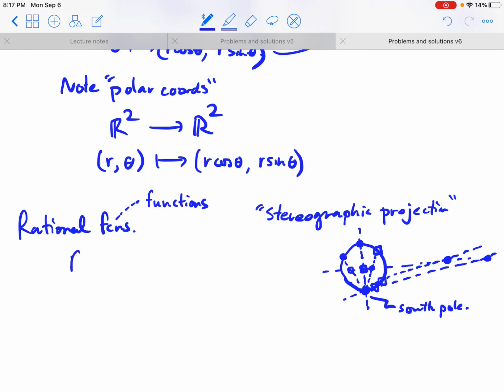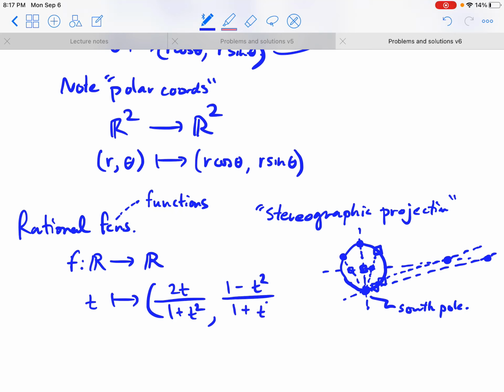Okay, so what this turns into is a parametrization of the circle using the horizontal line as an axis, or as a parameter, and it's sending t to the number 2t over 1 plus t squared, comma, 1 minus t squared over 1 plus t squared.